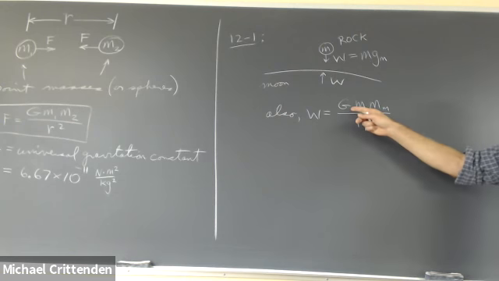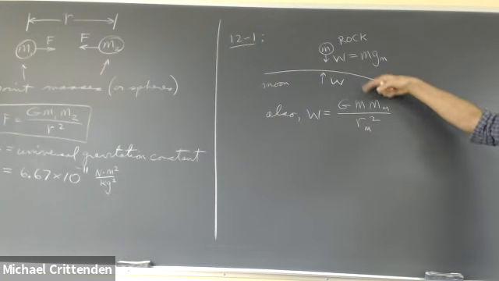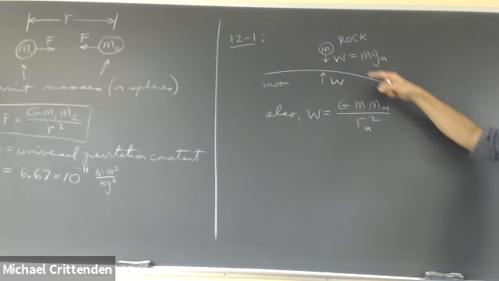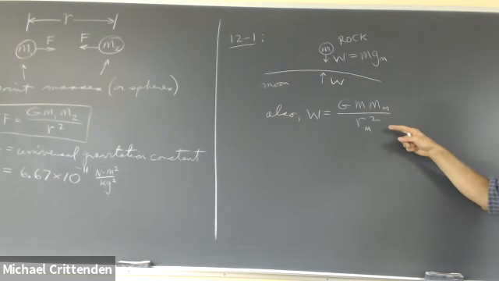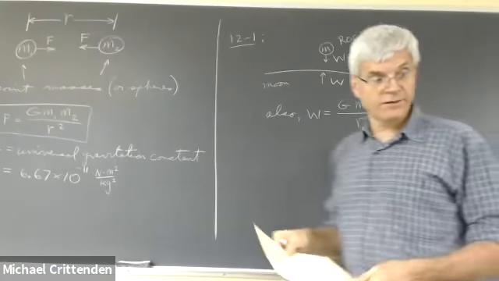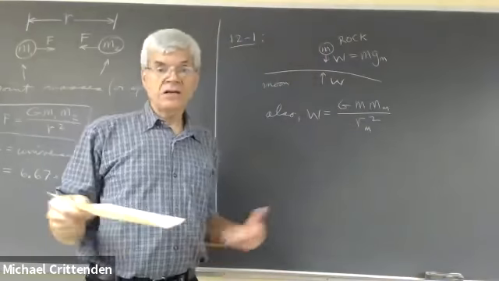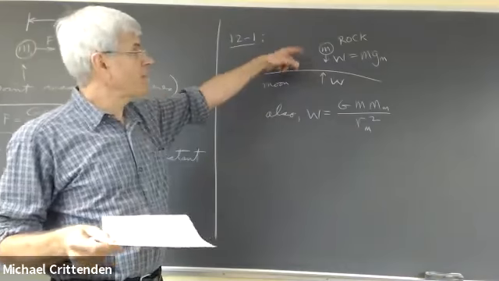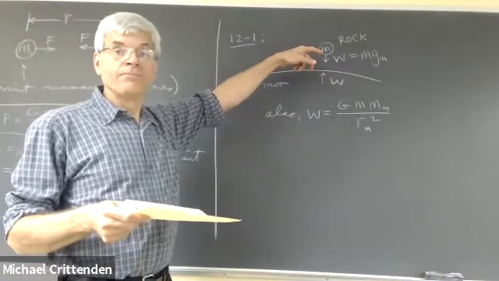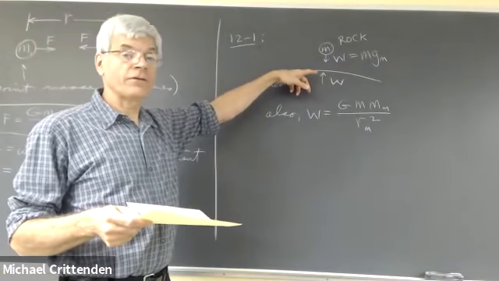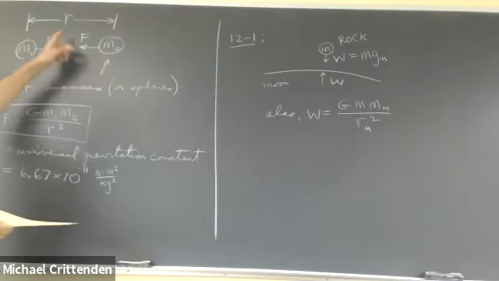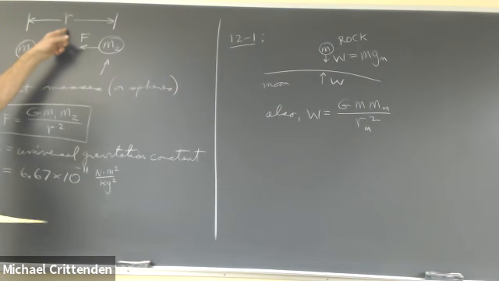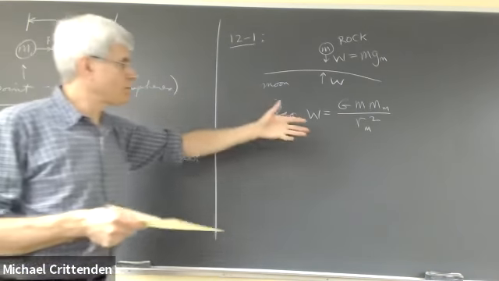G is the gravitation constant, m is what I called the mass of the rock, M sub m is the mass of the moon. And the distance between their centers would be the radius of the moon. I mean, the size of the rock is negligible. So if it's at the surface of the moon, its distance from the center of the moon, remember, r here is the distance between their centers, that would be equal to the radius of the moon.